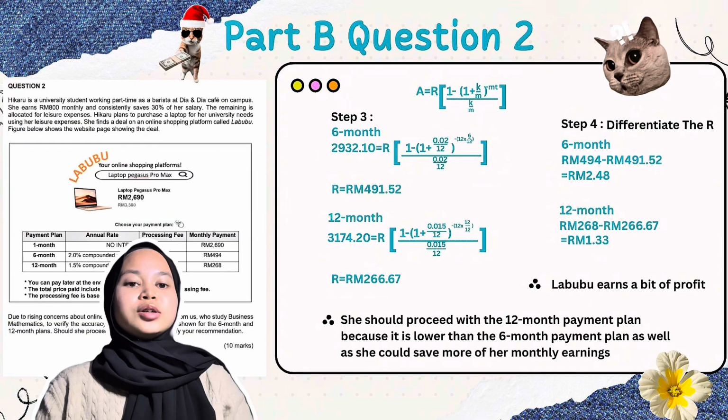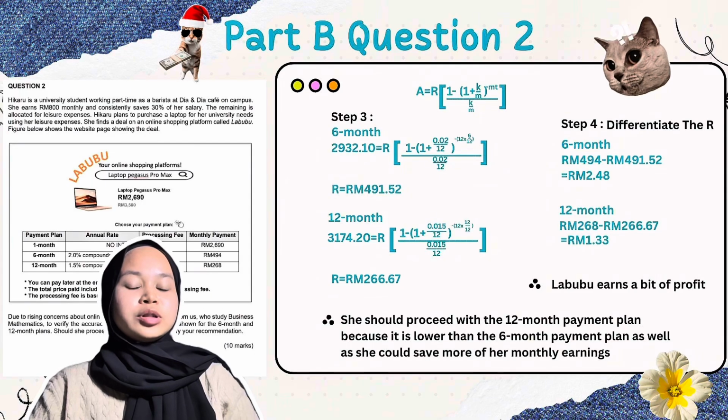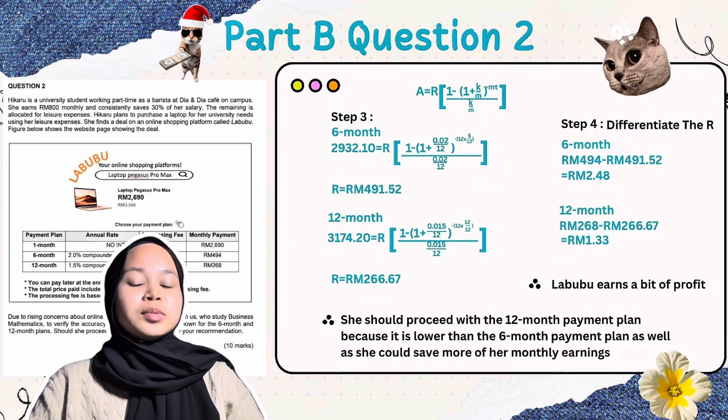Due to rising concern about online scams, the Labubu store earns a bit more profit compared to the original monthly payment plan. The more reasonable option for her to choose is the 12-month plan. This is because the monthly payment is lower compared with the 6-month plan, as well as her monthly earnings. That's all for question 2 part B.